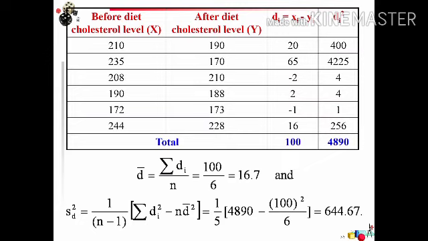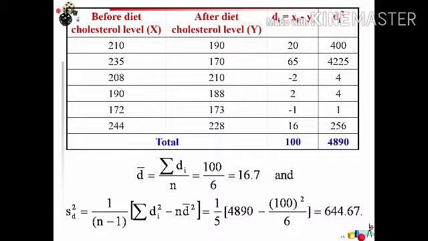The given table shows the cholesterol value before diet and after diet. We take the difference between before and after, di equals x minus y, and take the square of the difference, di squared, and the sum of the di squared. Here we want to find d bar equals summation di divided by n, which is 16.7.